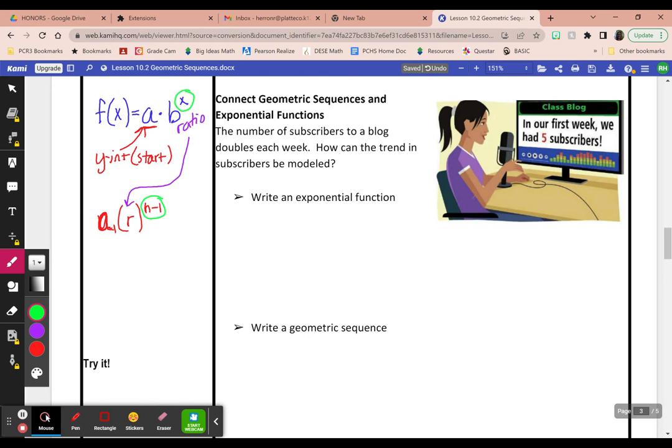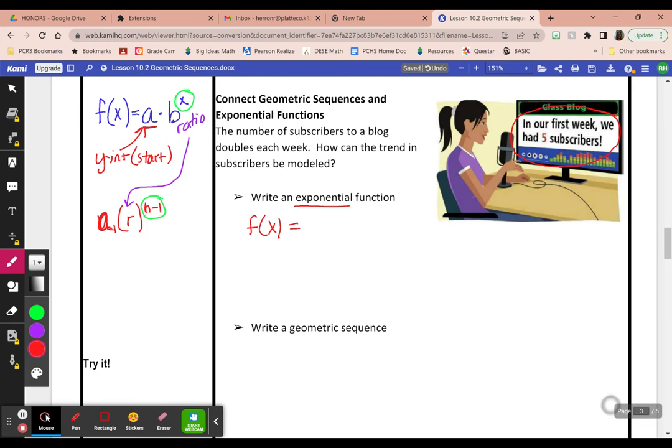All right, so using that to help us over here, it says the number of subscribers to a blog doubles each week. How can the trend in subscribers be modeled? And over here it says in our first week, we had 5 subscribers. Write an exponential function. So f of x equals a, what's my starting amount?